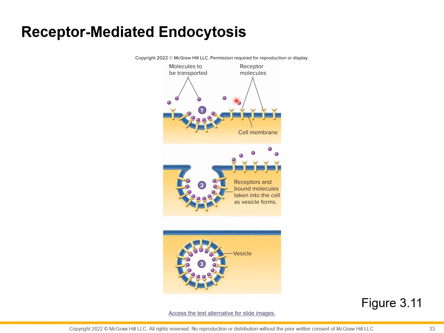So once the molecule that needs to be transported would bind to the receptors, the cell membrane would now change in shape and react and allow these materials to go inside, which, as we can see here in this third segment of the illustration, it has now formed a vesicle containing the molecules on the inside.